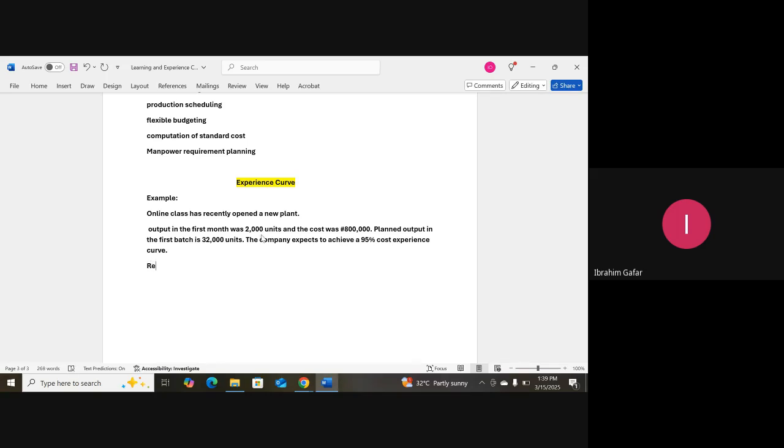Required: one, forecast the total cost for the new plant in its first batch.